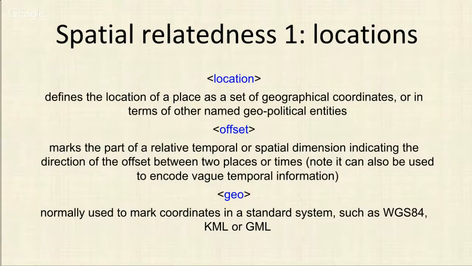And in this case, we use a nesting strategy between location and offset. The element offset marks the part of a relative dimension indicating the direction of this relation between places. And notice that it can also be used for times to encode vague temporal information, essentially.